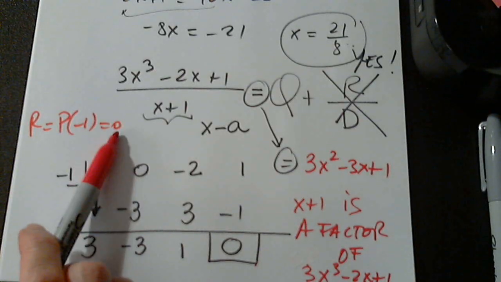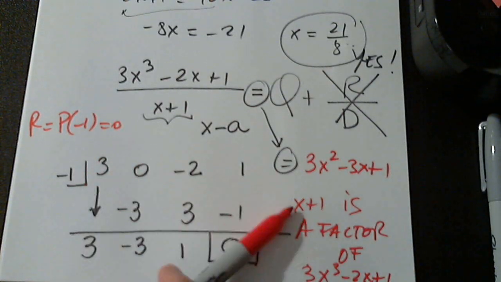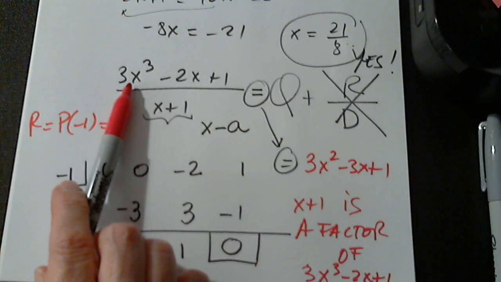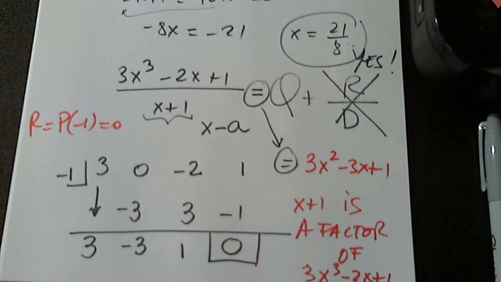And because the remainder is 0, then x plus 1 is a factor of 3x cubed minus 2x plus 1. That's it. Is that okay? Is it good enough? It's fine. I just don't know how to explain it.